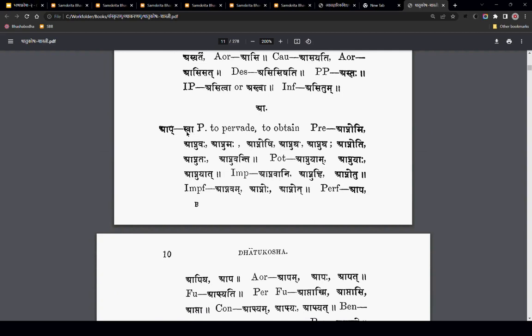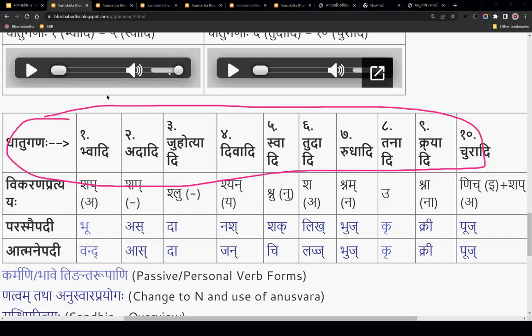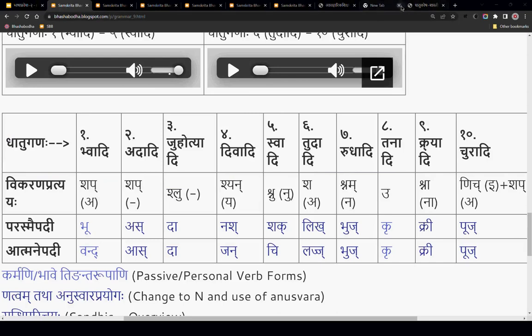Sometimes they indicate the gana of the dhatu, the group of the dhatu, by either a letter or a number. On the top here you see dhatu gana. That is many times indicated by the dhatu koshas.